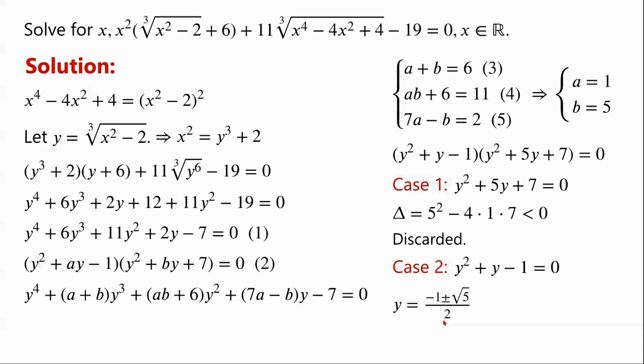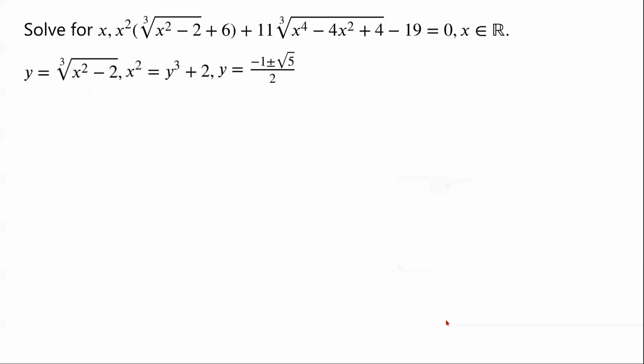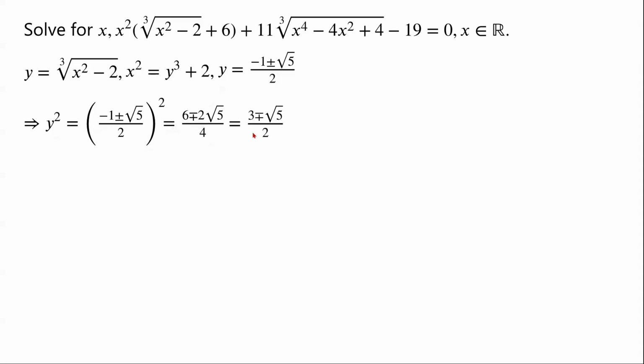Now, we need to find x. We know that x squared equals y cubed plus 2. y equals negative 1 plus or minus root 5, over 2. So, y squared equals (negative 1 plus or minus root 5, over 2) all squared, which is equal to 6 minus or plus 2 root 5, over 4, which is equal to 3 minus or plus root 5, over 2.